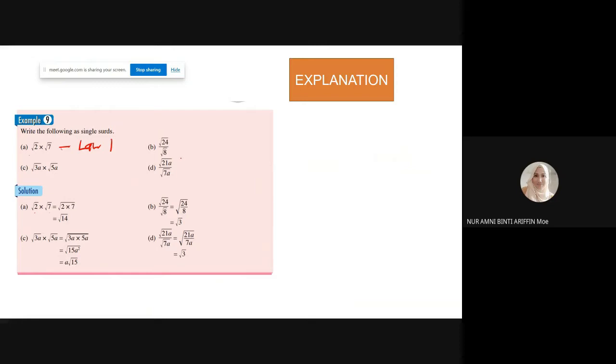If we do the solution, it will go like this. 24 divided by 8 gives you 3, and then the square root of 3. This next one is a bit different. You can see here, 3A square root times 5A square root becomes 15A square. Some students may not see why the answer becomes A square root of 15.